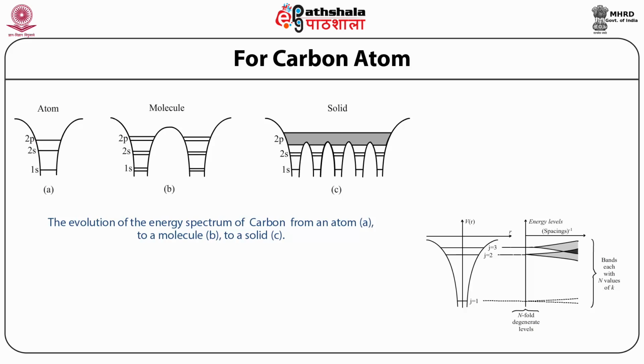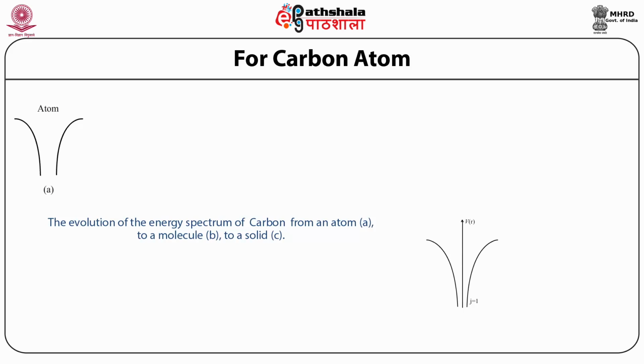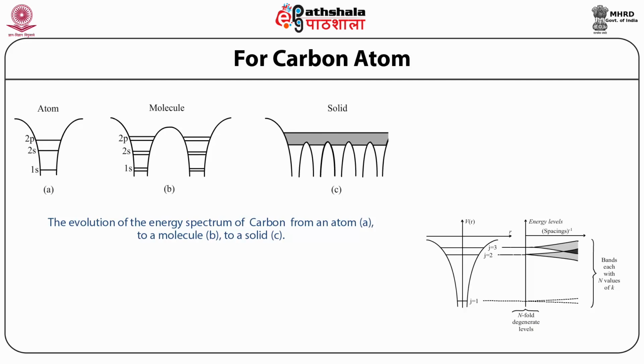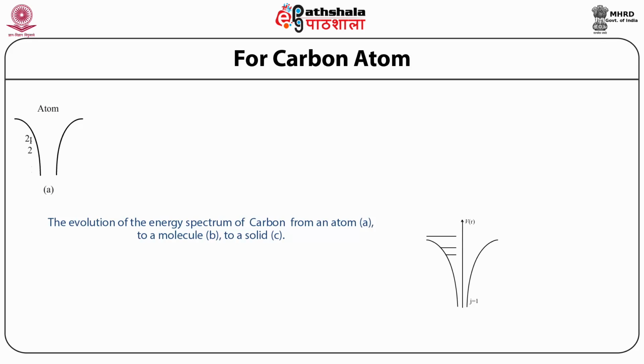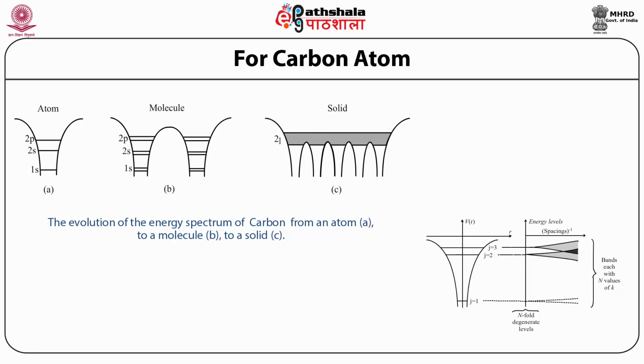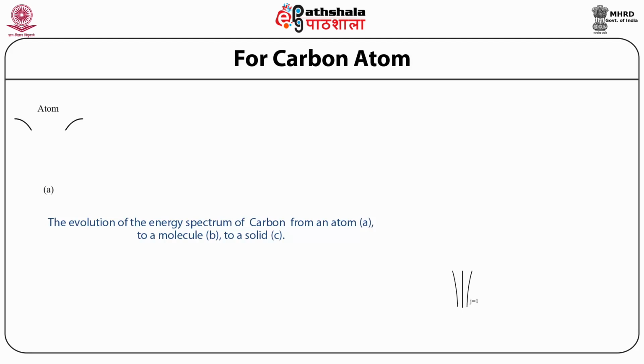Here, each atomic level is split into n closely spaced sublevels, where n is the number of atoms in the solid. As n is very large, of the order of 10 to the power 23, the sublevels are extremely closely spaced so that the discreteness of the energy levels is blurred, resulting in the continuum band of energy known as energy band.